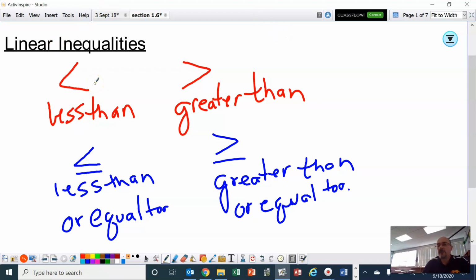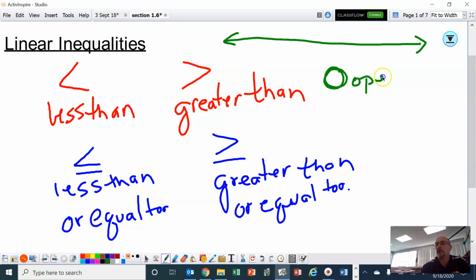Now, when graphing these, since they're linear, we're going to be using a number line when we graph. And when we mark our spot on that number line, there's two ways to mark it. If it's a less than or greater than, it's going to be an open circle. That's telling us that that number is not part of the solution.